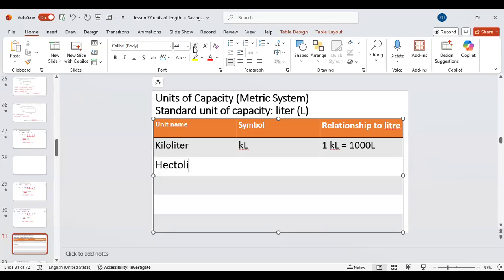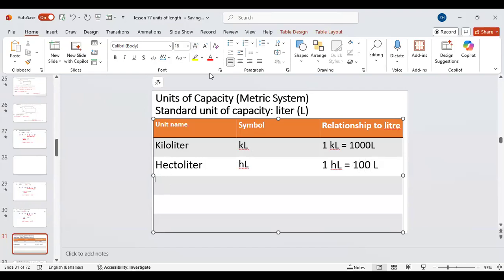The next one is hectoliter. Same thing, so HL, H capital L. 1 HL is equal to 100 liters.